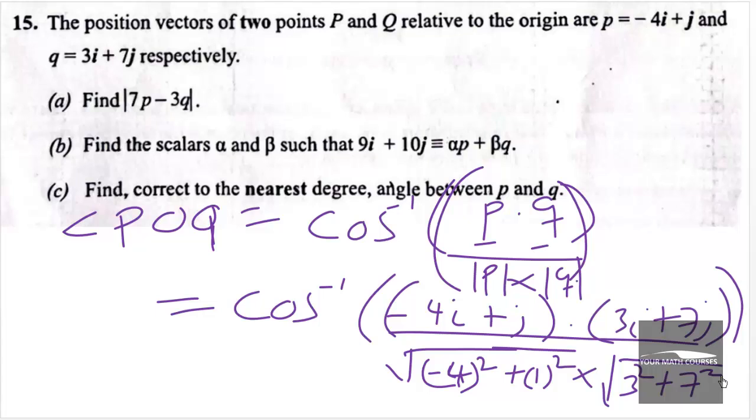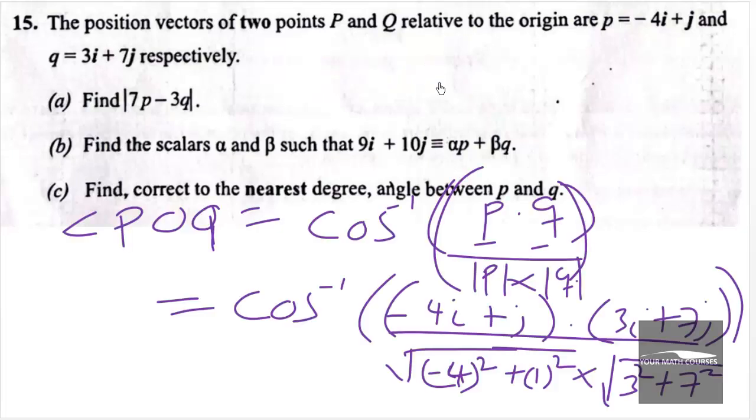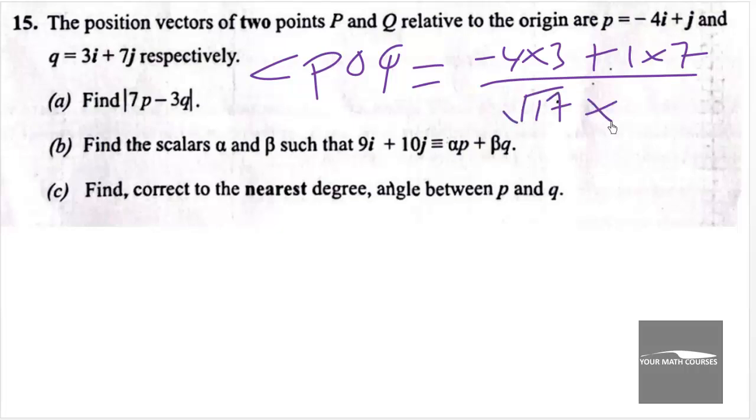And this will simplify to angle POQ is equal to, when we dot the two vectors, we get negative 4 times 3, which is negative 12, plus 1 times 7, all over square root of 17 times square root of 58.